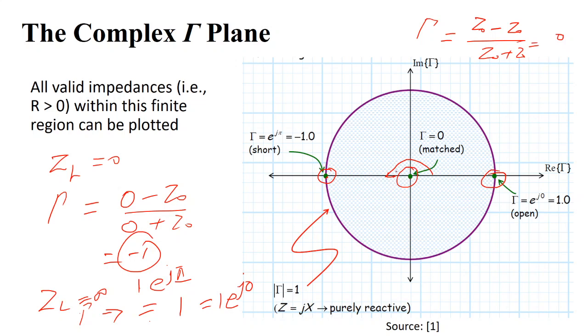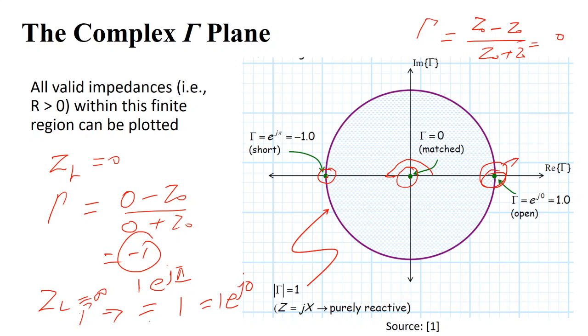So in this complex reflection coefficient plane, all the points are visible on this graph, whereas in the complex Z plane, this point was not visible. Rather, it has moved to infinity. So this graph has an edge as compared to the complex Z plane. So all the points will be visible within this circle or on this circle.